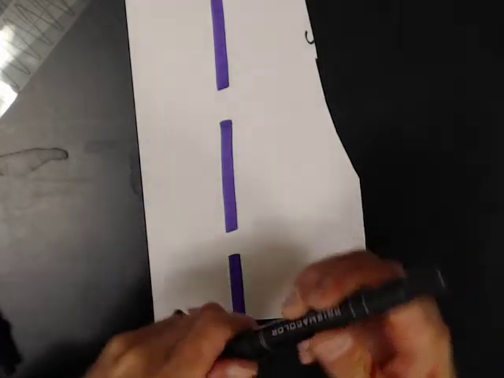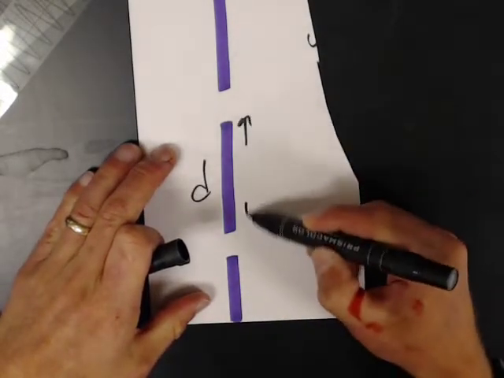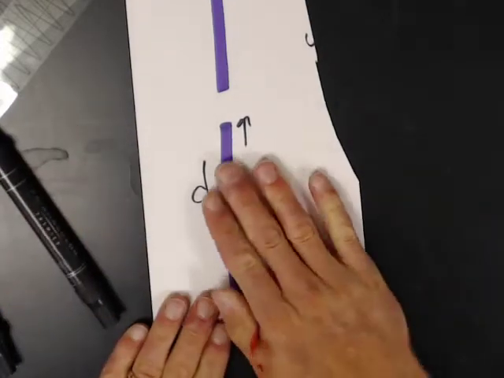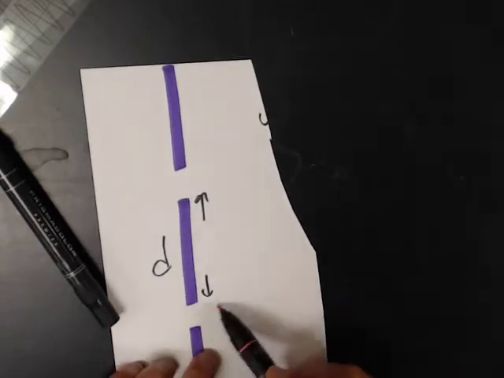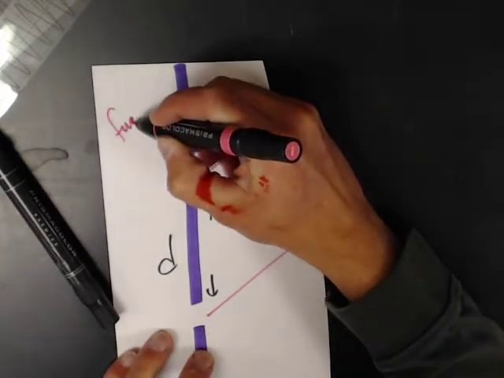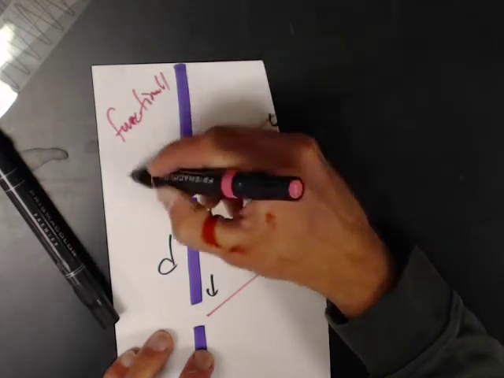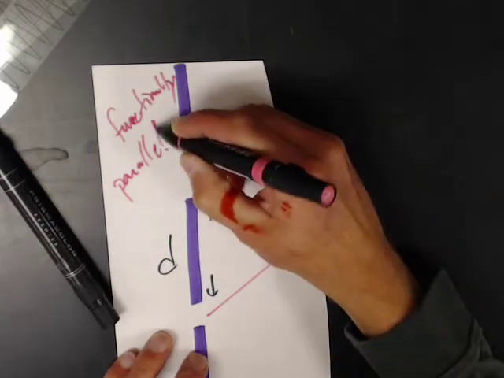Here's my distance D, right from here to here. And I have those two paths, but now it's so far out there that these path lengths, that distance and that distance, are functionally parallel.